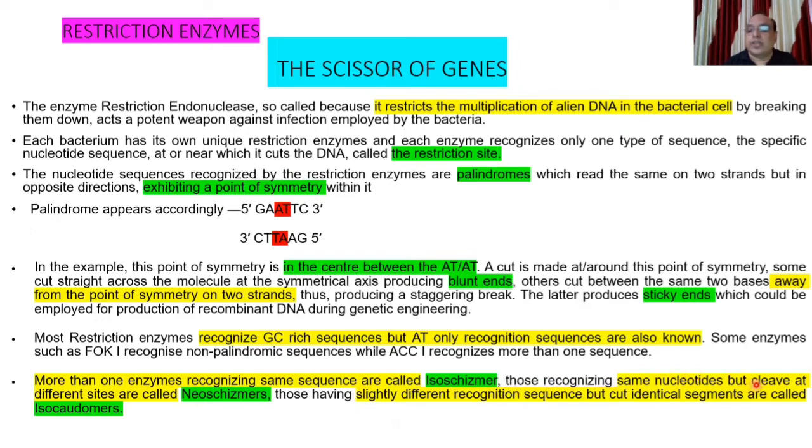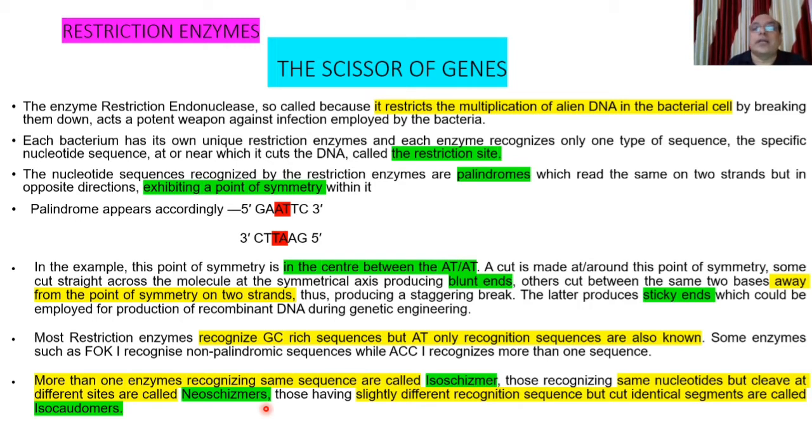Those recognizing the same nucleotides but cleaving at different sites are called neoschizomers. So neoschizomers are enzymes which do recognize the same sequence of nucleotides but produce different cut products.